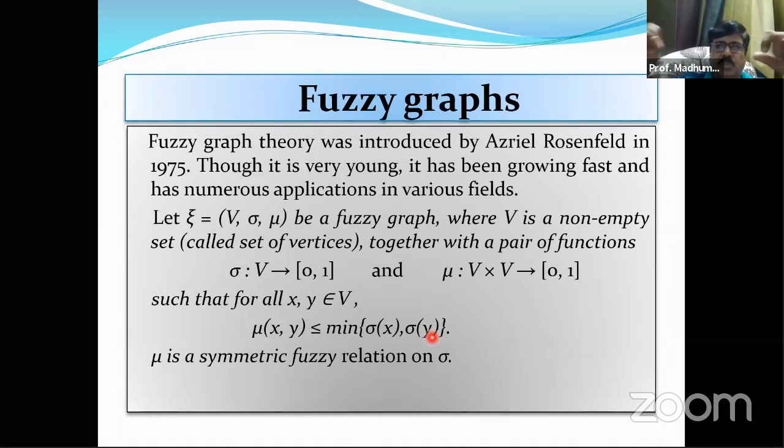The membership value of the edge joining x and y cannot exceed the membership values of its end vertices. This condition should be satisfied for each pair of vertices. This is the restriction for a fuzzy graph.